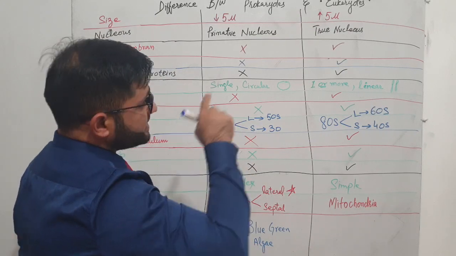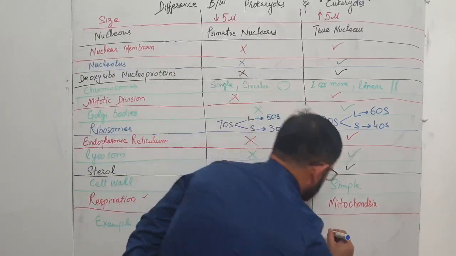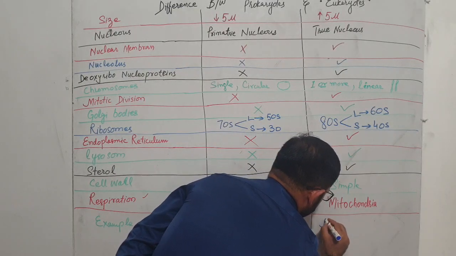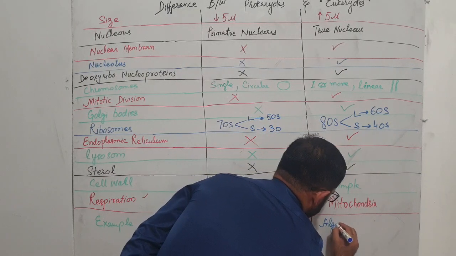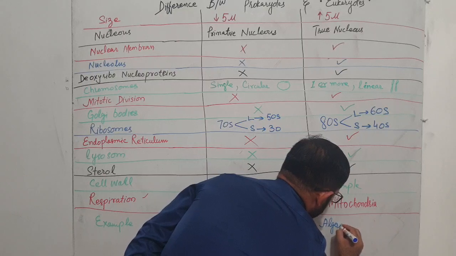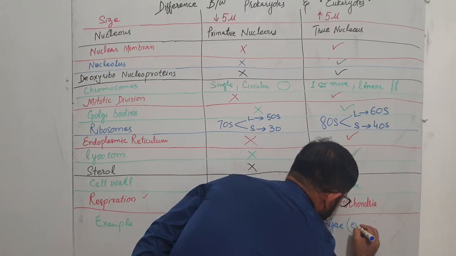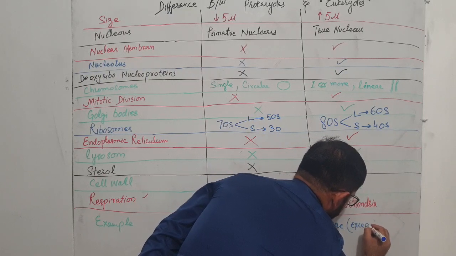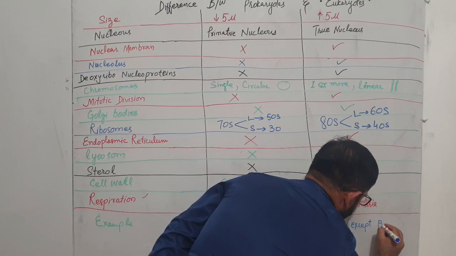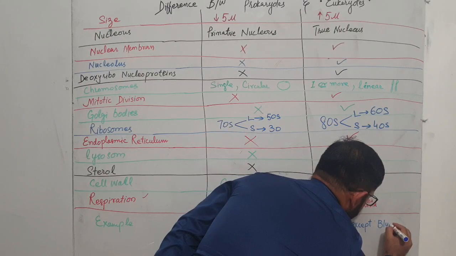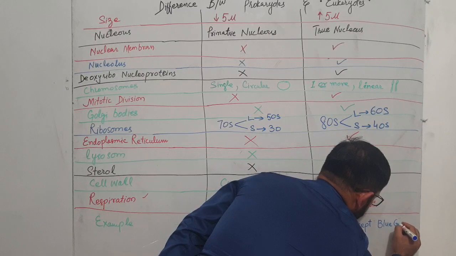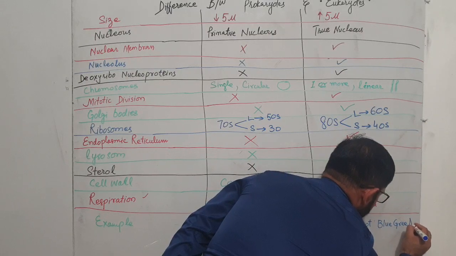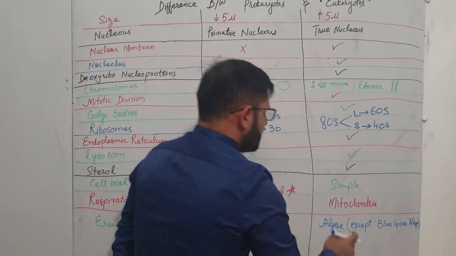While the examples of eukaryotes are algae, except blue-green algae.